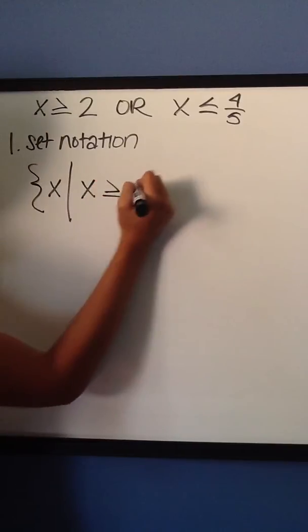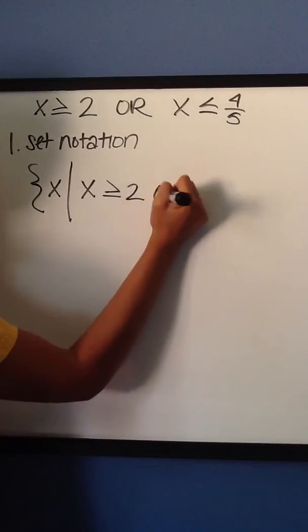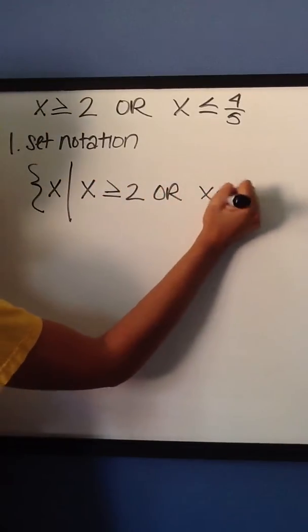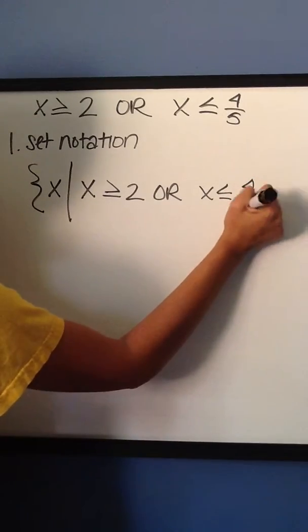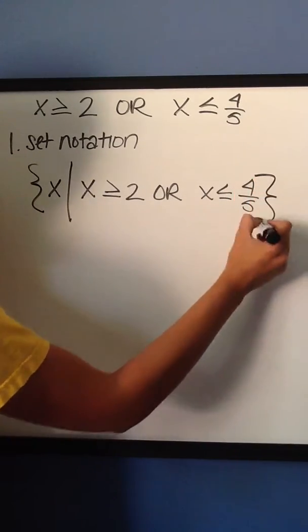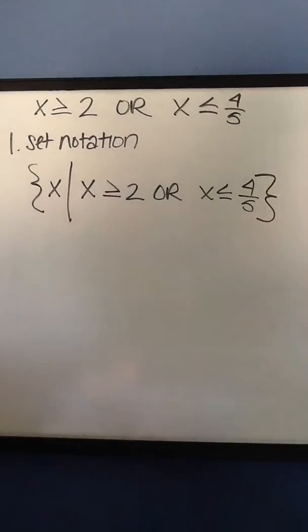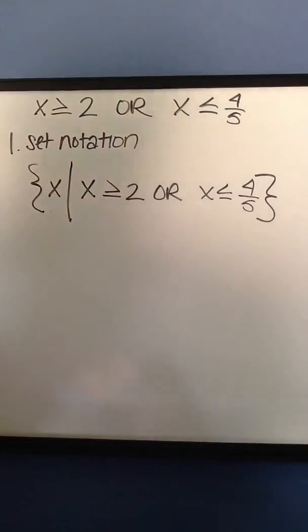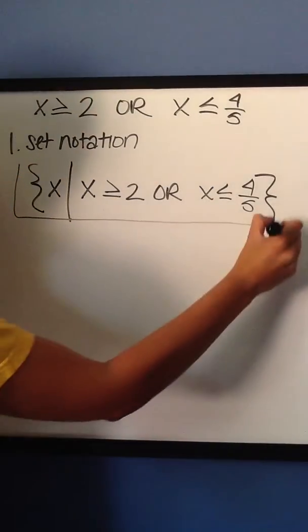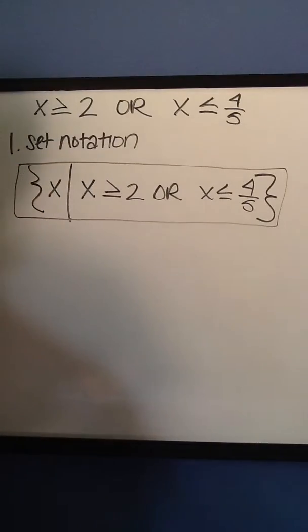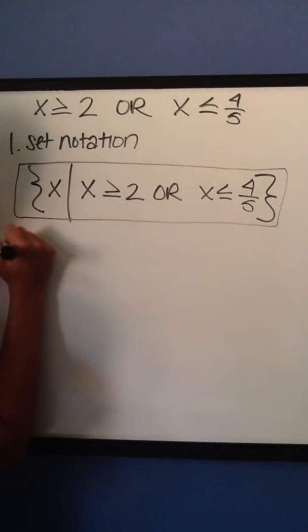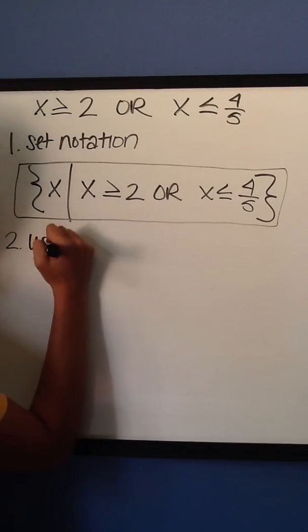So it would be x is greater than or equal to 2, or x is less than or equal to 4/5. And again, this is simply just to define x. This is your set notation answer. The second way it wants us to do it is using a number line.